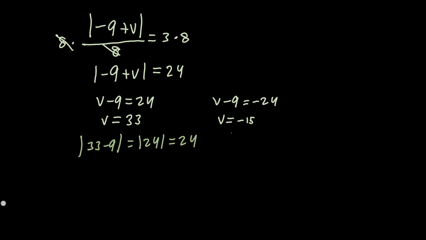And the second equation's solution is going to be the absolute value of negative 15 minus 9 all inside the absolute value, and negative 15 minus 9, that is the same thing as negative 24. And the absolute value of negative 24 is just 24 as well.